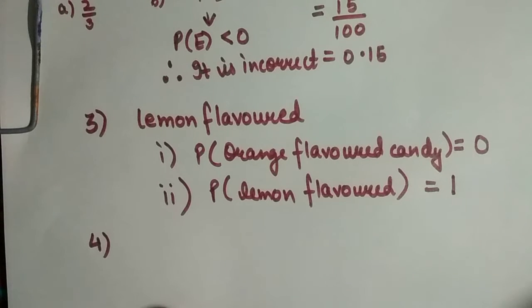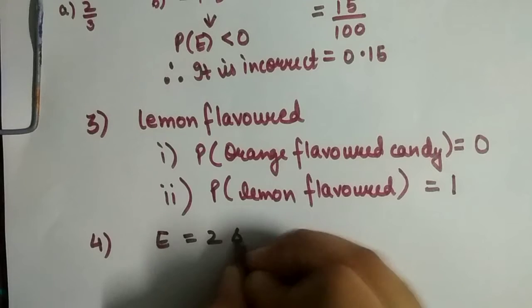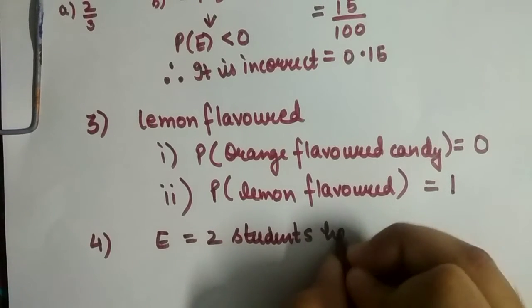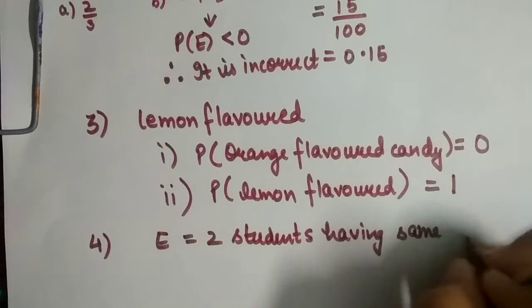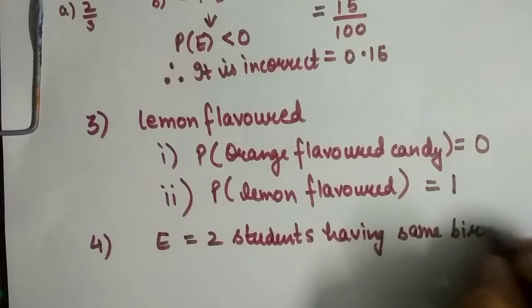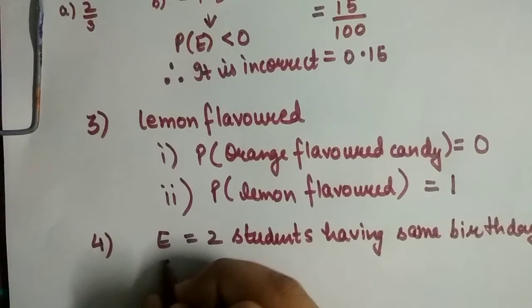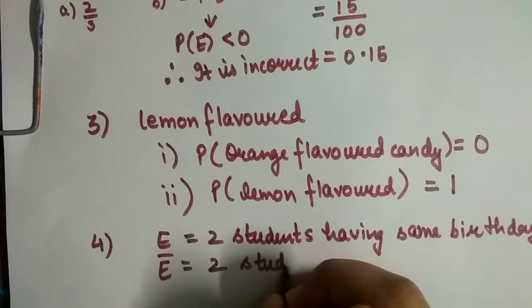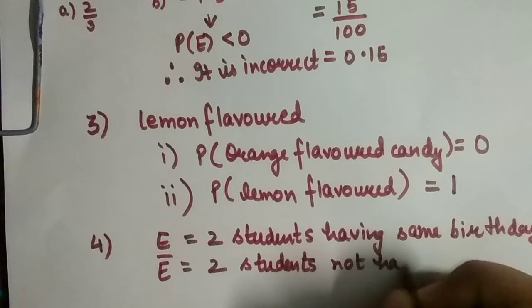Okay, so in this case our event is 2 students having the same birthday. And the complementary event would be 2 students not having the same birthday.